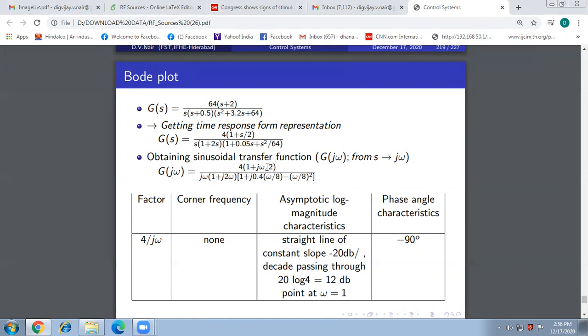The corner frequency of this pole is the reciprocal of the coefficient of omega. For the zero, the corner frequency is 2. And for this, when u is equal to 1, that is when omega is equal to omega n, here omega n is 8. So we have the corner frequency for this as 8.